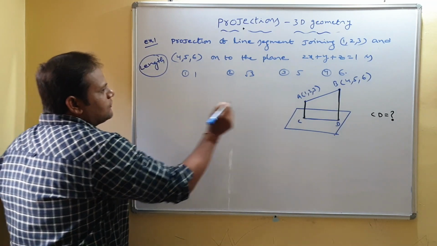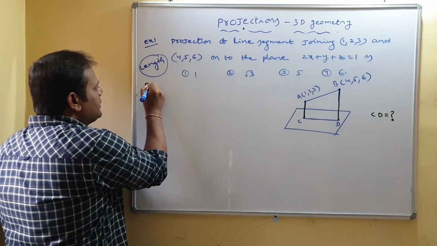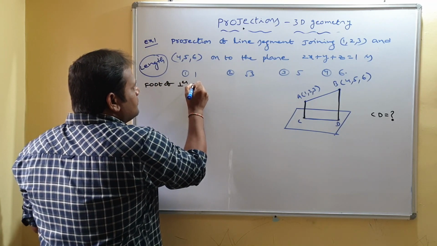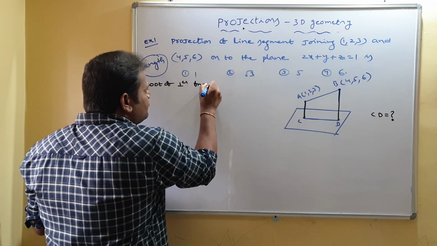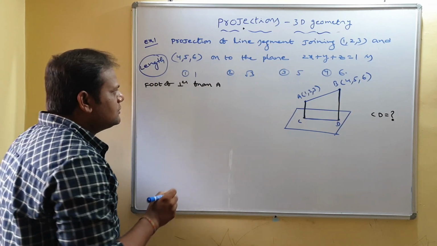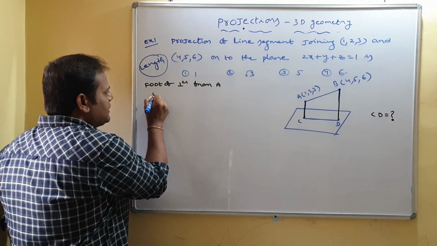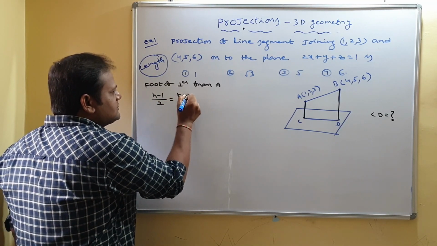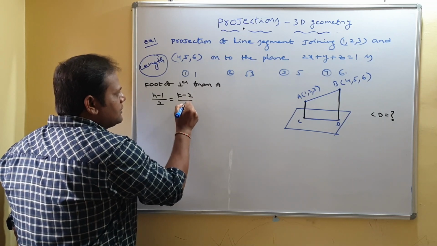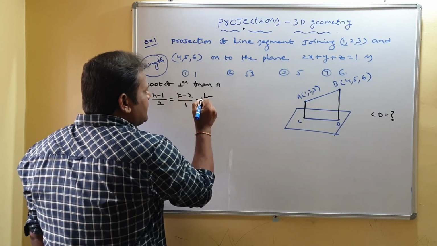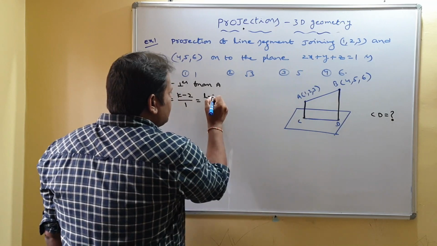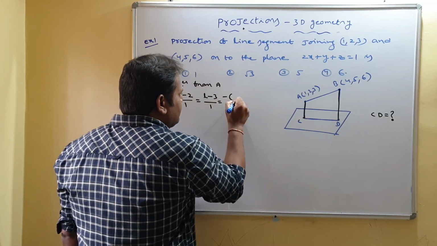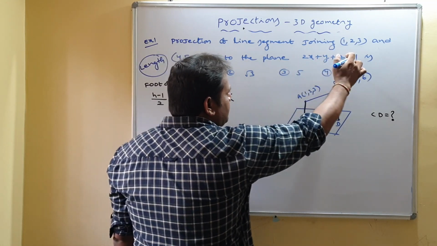From A, I am going to find the foot of the perpendicular from capital A. So what is that? (h minus x1) by a, so (h minus 1) by a is 2; (k minus y1), (k minus 2) by b is 1; (l minus z1), (l minus 3) by c is 1, equal to minus of (a x1 + b y1 + c z1 + d).